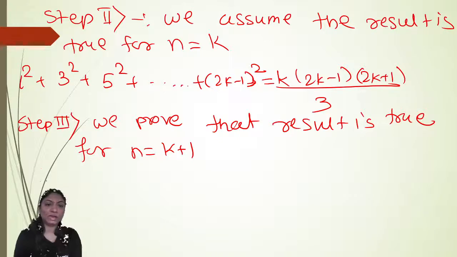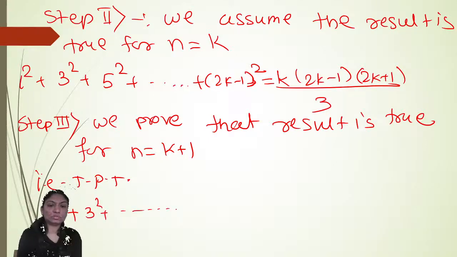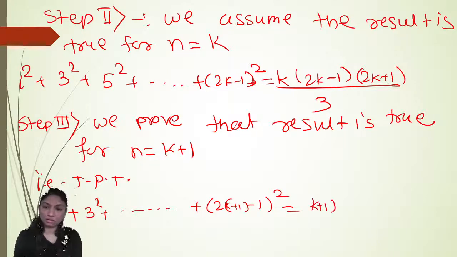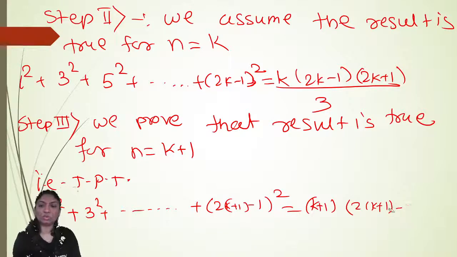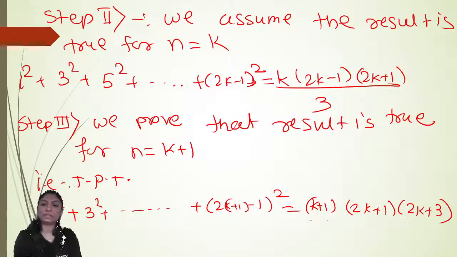We assume that, that is to prove that here 1 square plus 3 square plus and so on plus 2 into bracket k plus 1 minus 1 bracket square is equal to k plus 1 into 2 into bracket k plus 1 minus 1. So here 2k plus 2 minus 1, so 2k plus 1, k plus 1. Here 2 into bracket k plus 1, so 2k plus 2 plus 1, so 2k plus 3. There is 2k plus 3 by 3.